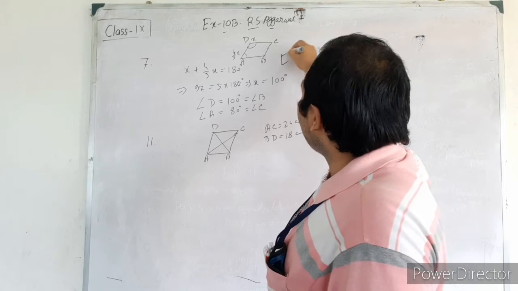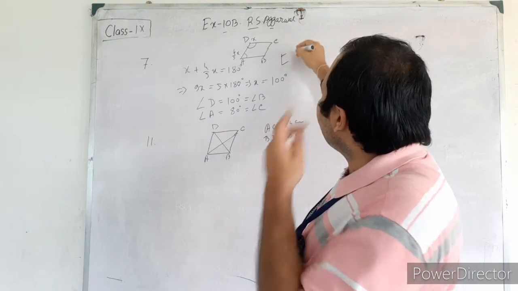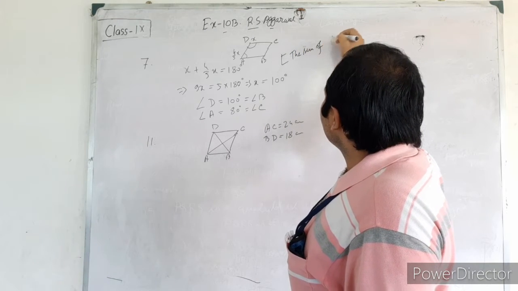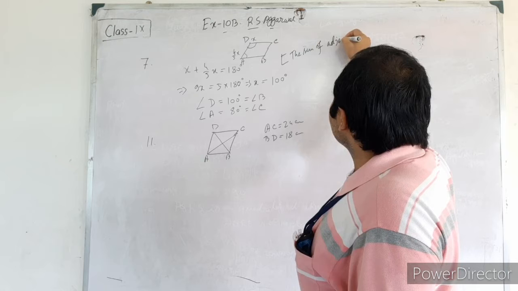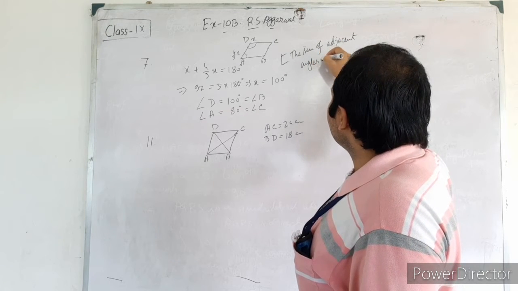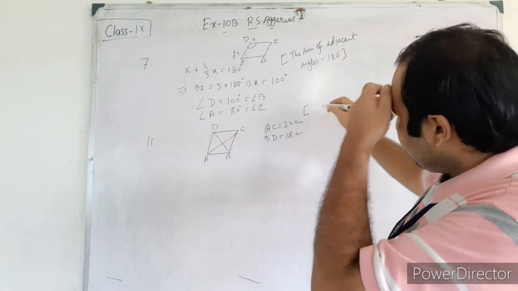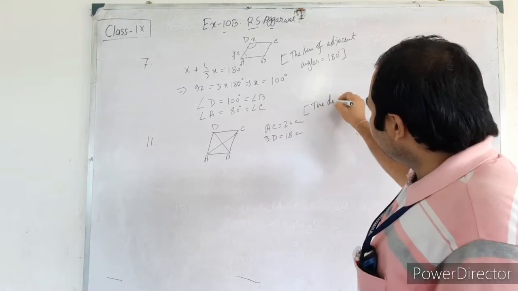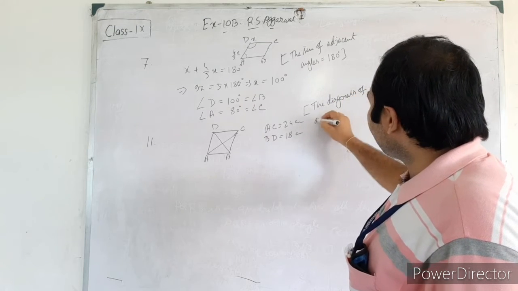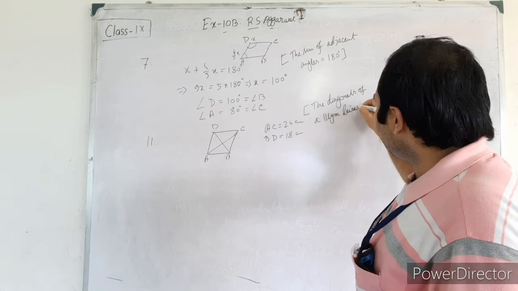Here I am writing the main property I am using: the sum of adjacent angles equals 180 degrees. Here we will use that the diagonals of a parallelogram bisect each other.